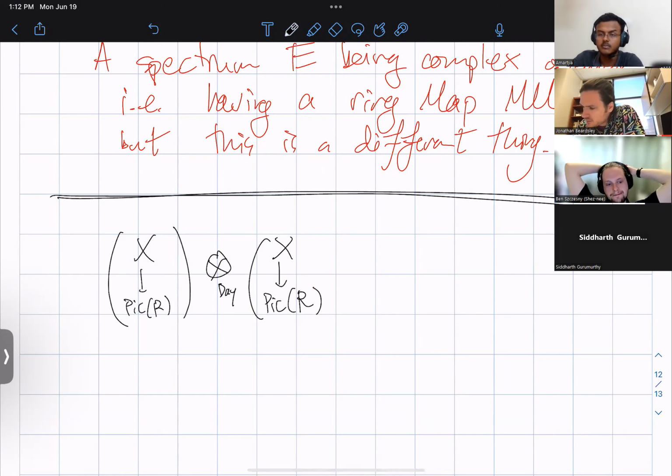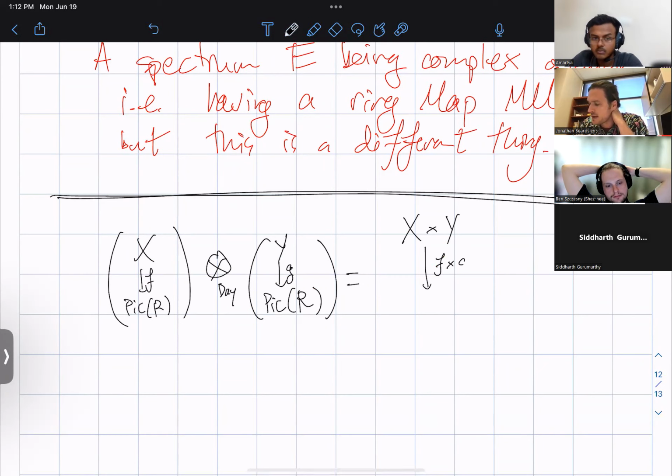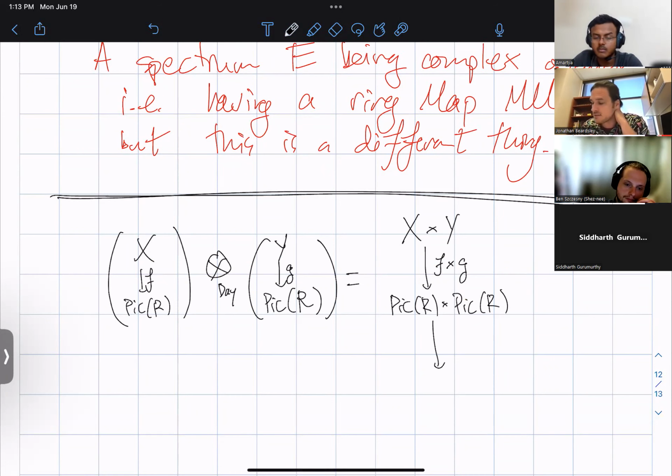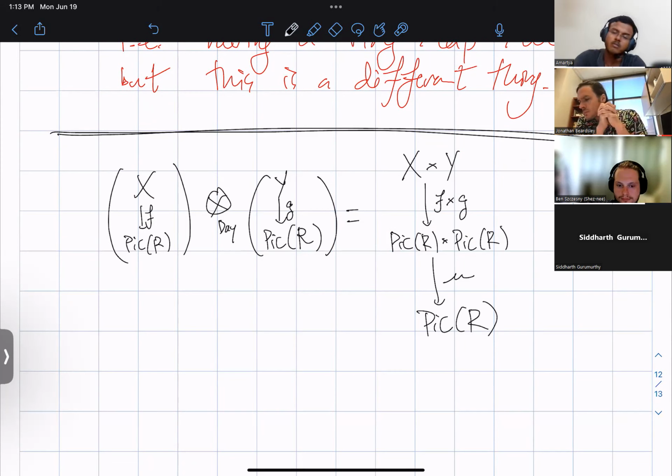Basically, what this corresponds to is you take X cross Y, so let's call these F and G. You have some map F cross G down to Pic R cross Pic R. And then Pic R, as an infinite loop space, has a multiplication on it, landing in Pic R. And so I suppose if you take X itself to be... does that answer it?